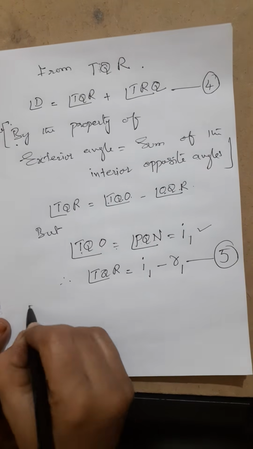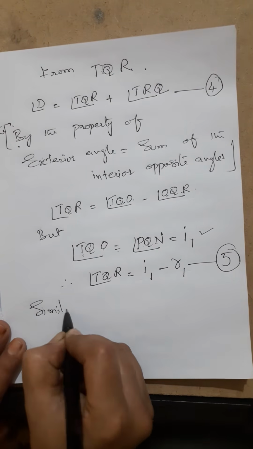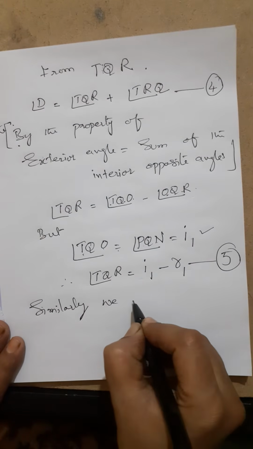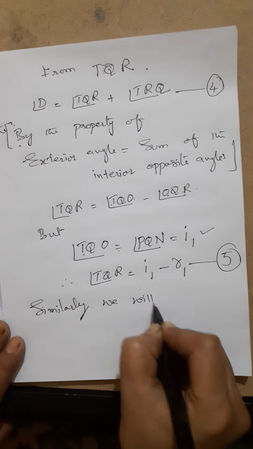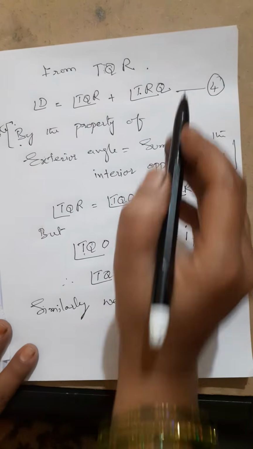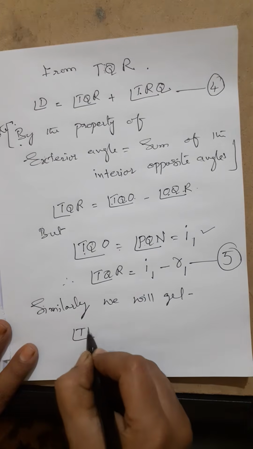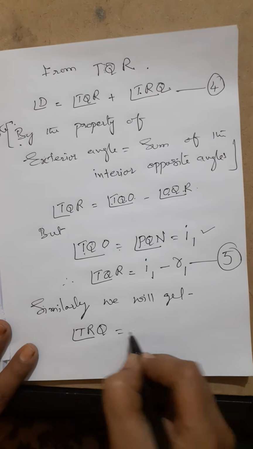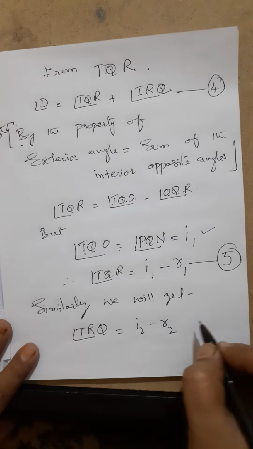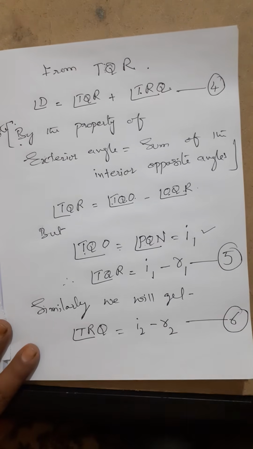Similarly, we will get for TRQ, TRQ is equal to I2 minus R2, and this is equation number 6.